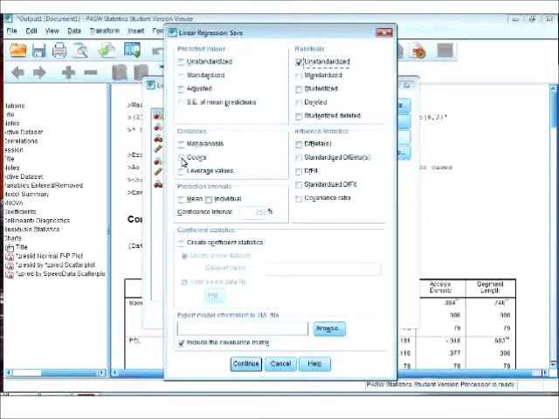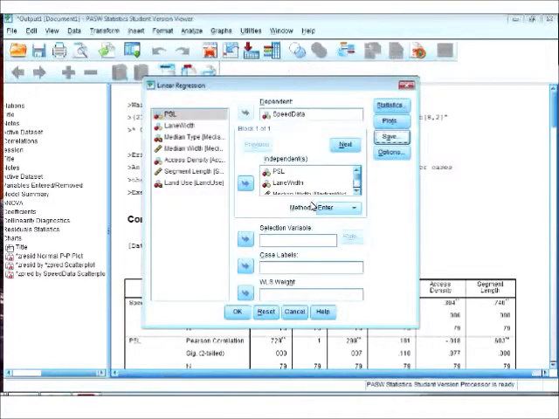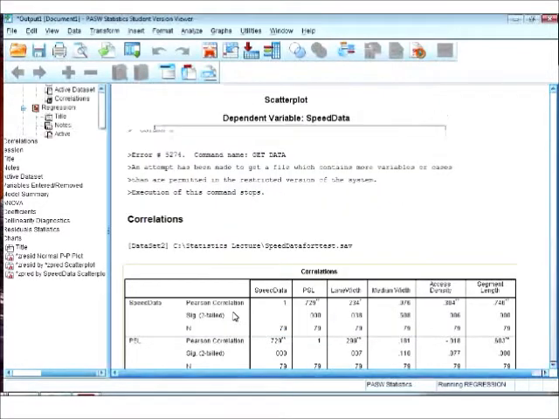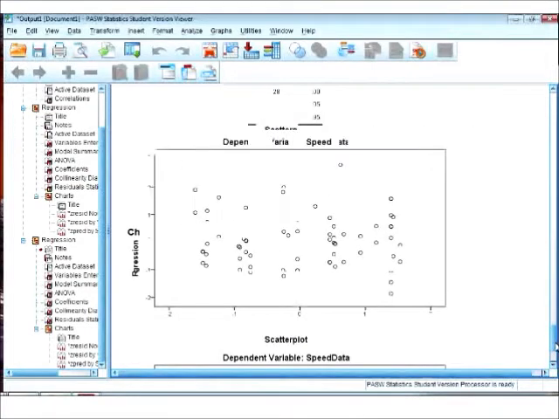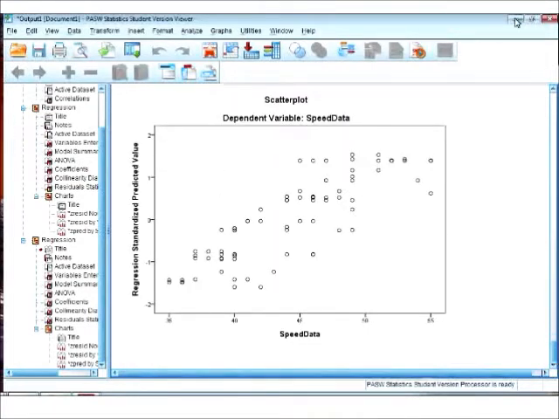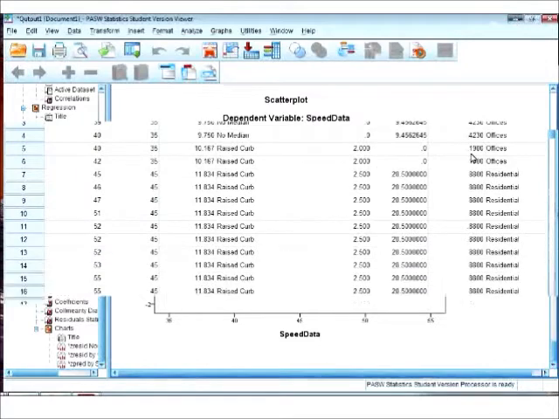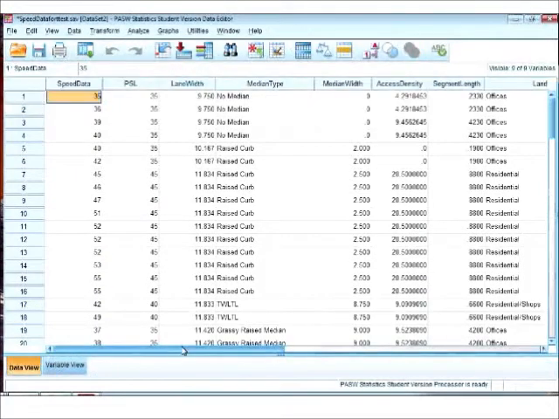So if the Cook's distance is high, this is one of the techniques to find out which data points are outliers in your data set. So we have asked SPSS to compute the residuals for us.